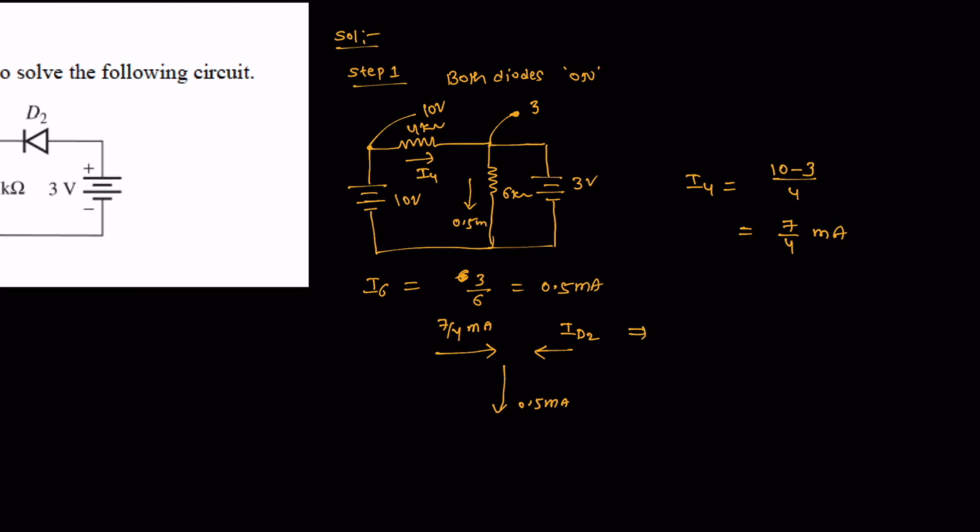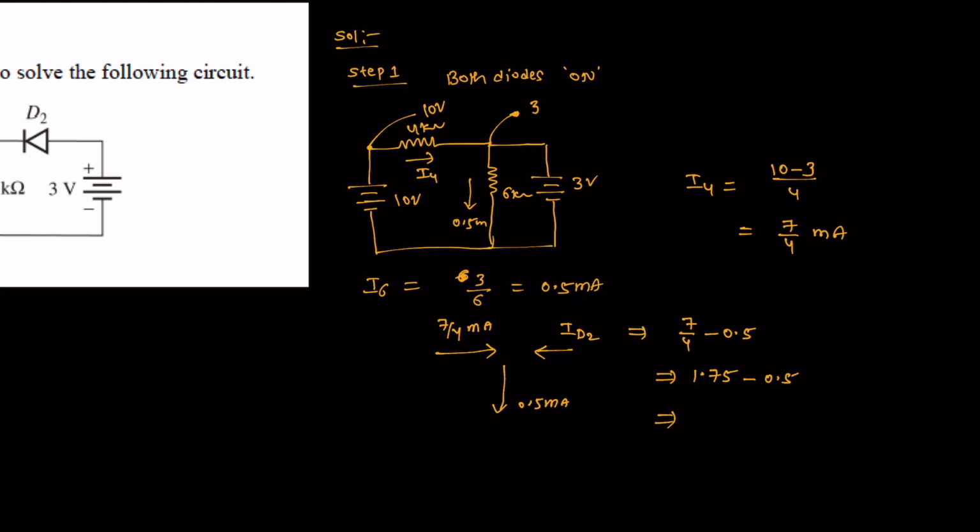That is nothing but 7 over 4 minus 0.5. Clearly we can calculate that 7 over 4 is nothing but 1.75 milliamperes.